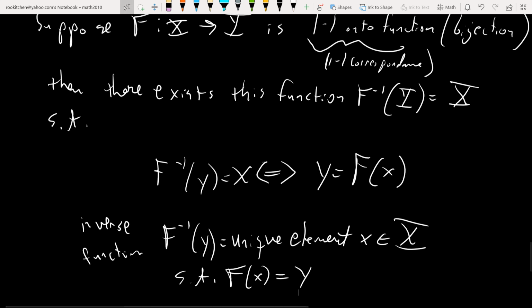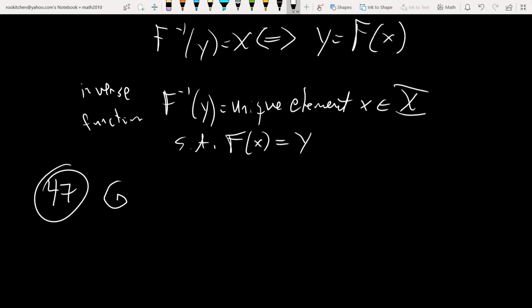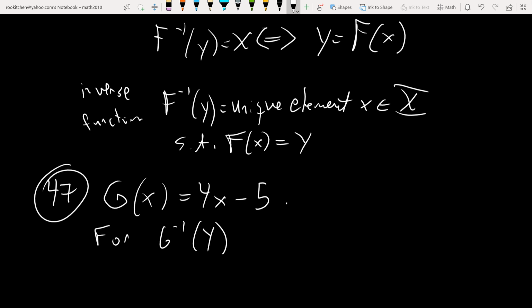Then you'll probably have problems where they want you to first prove it's one-to-one, then prove it's onto, and then find the inverse function. So 47 is like that. I don't think there's one in the homework that's totally like that, but they'll probably have you find the inverse, and that's pretty simple. Just note, for g inverse of y, we note g of x must equal y.